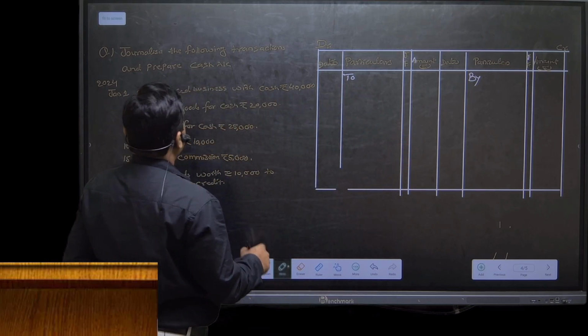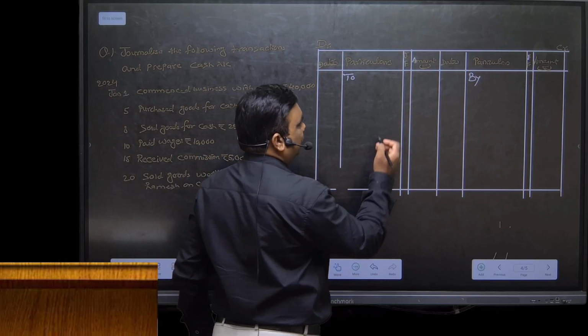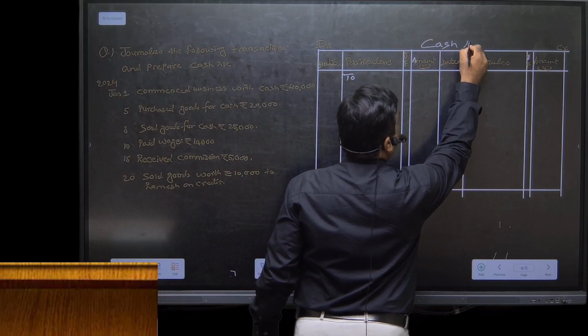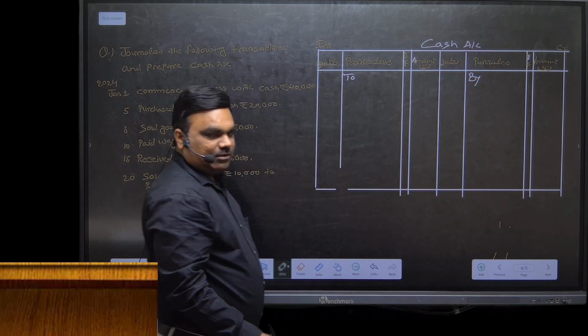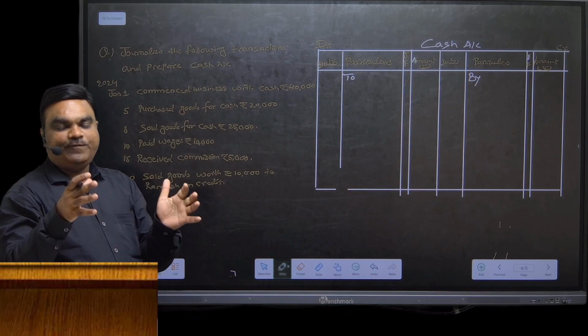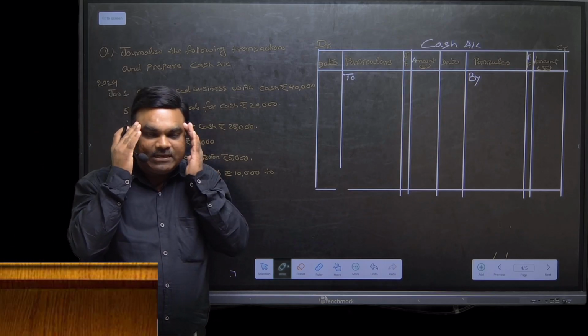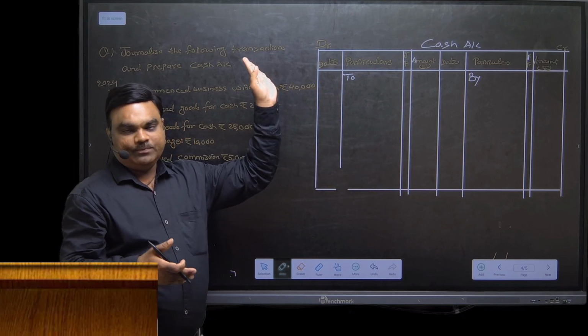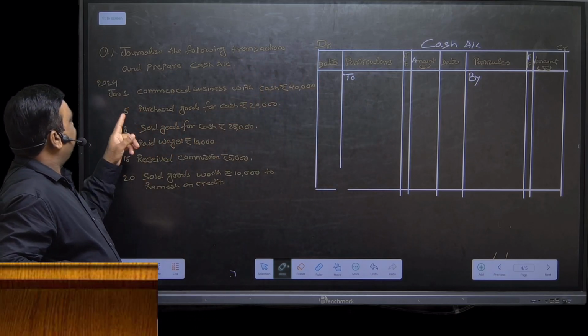See, in this question we have drawn only the cash account, so we have to write down the name of account as cash account. This is the account head. From these transactions, first we have to frame the entries in our mind, and from there we have to post it into cash account. Let's see the first example.